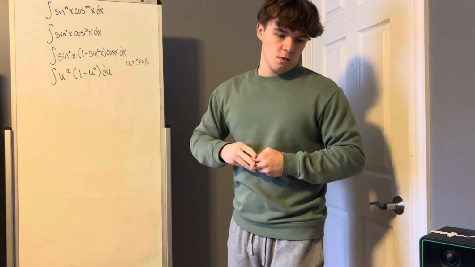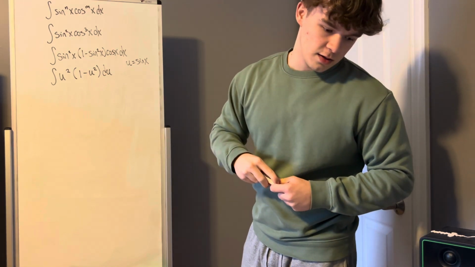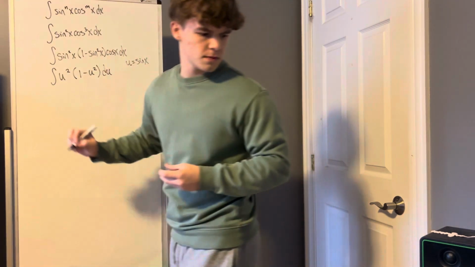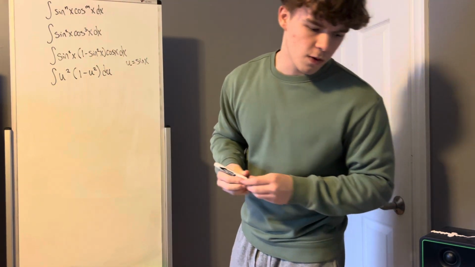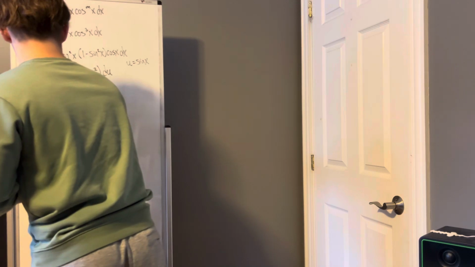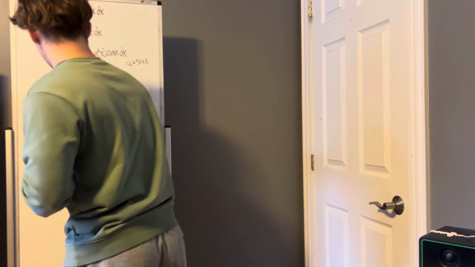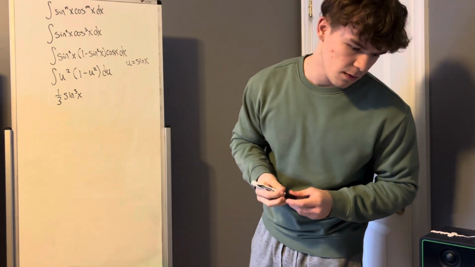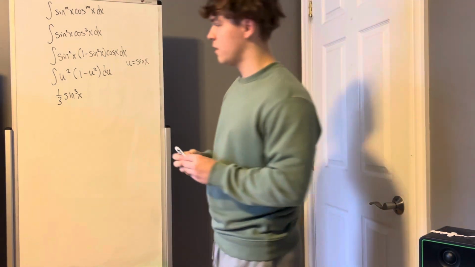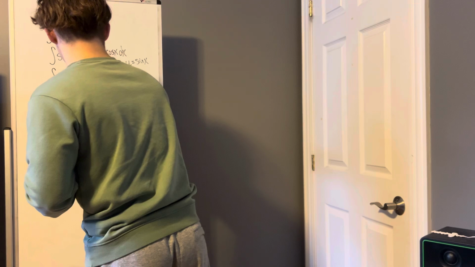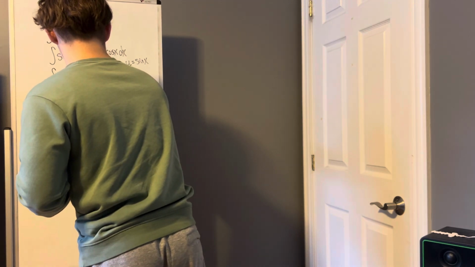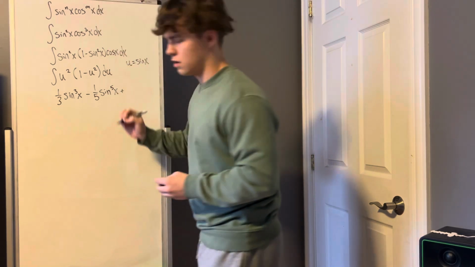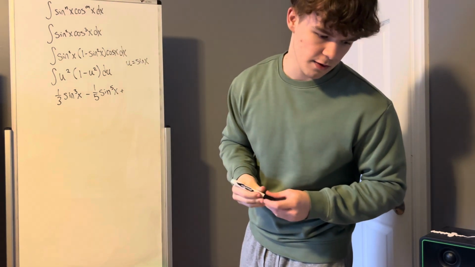And so what we're going to get here is, sorry, I'm reading the wrong one there, 1/3 sine cubed x minus 1/5 sine to the 5th x plus c, I believe, yes.